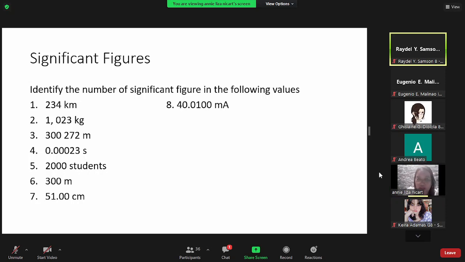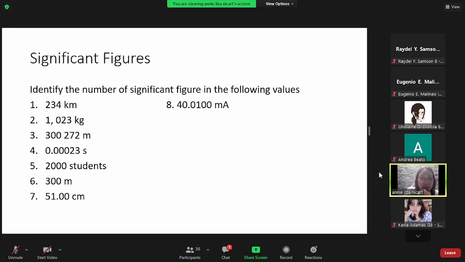Measured numbers, or exact numbers, are all significant. The zeros can be significant or not significant. They are significant if they are mid-zeros, or if they are part of an exact number.